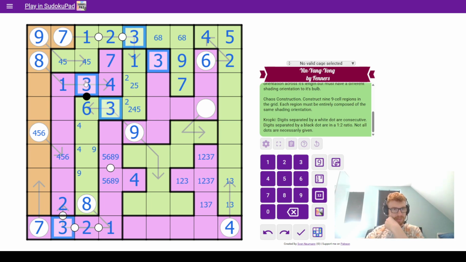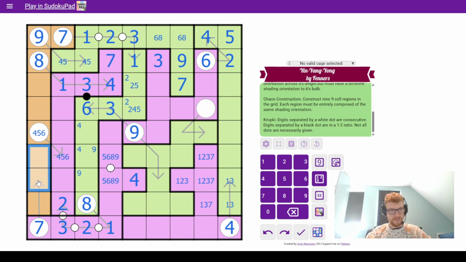Threes? I have a lot of threes. Let's see. These can all not be three. If that's a three, that has to be a four, and that's not possible. So one of those is a three. If that's a three, one of those is a three, and one of those is a three.